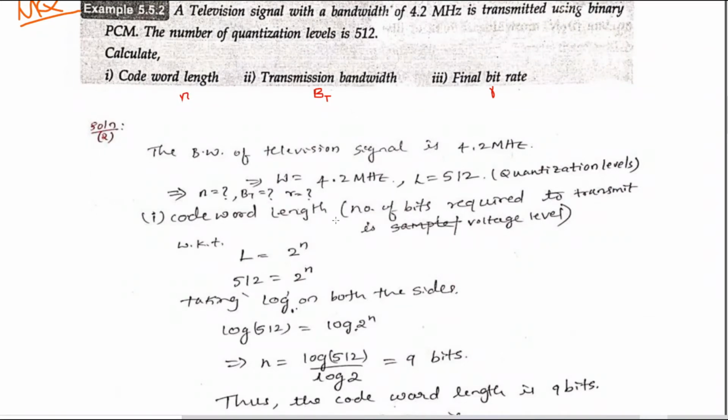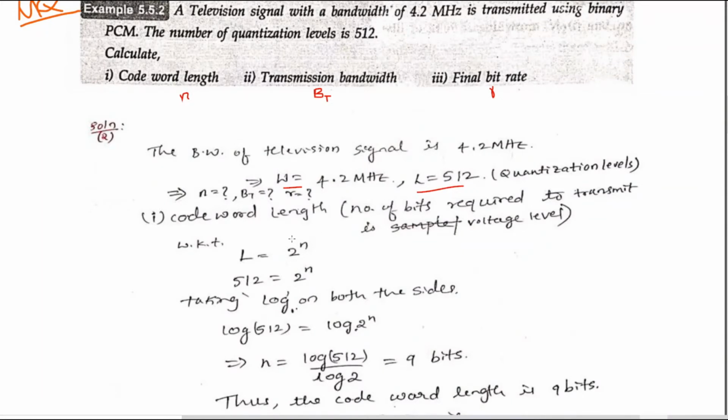Okay. Now given is the bandwidth of the television signal, which is 4.2 MHz. This is the message signal bandwidth, and the number of levels we can have in this bandwidth is 512.